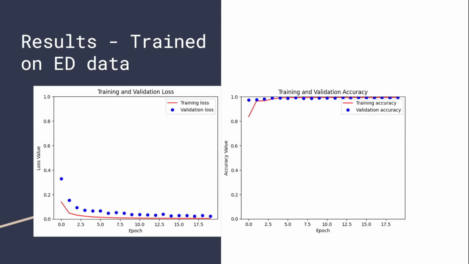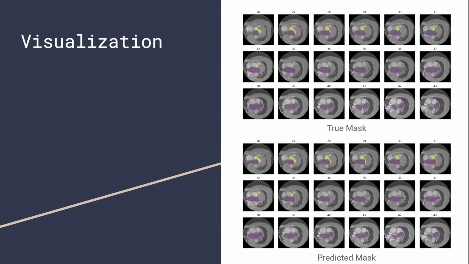And here are the results, just trained on the end diastole data, and it follows the same trend. Accuracy is really high from the first epoch, and the loss is low in the beginning. I think we can just jump to the visualization. Here you can see they also did a pretty good job.